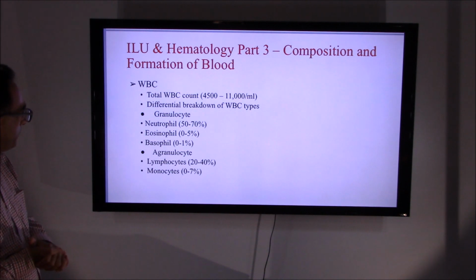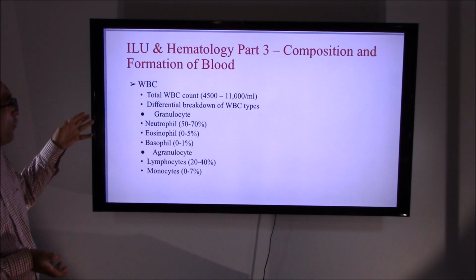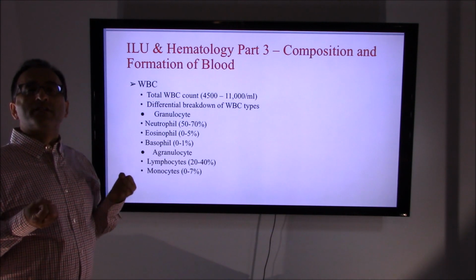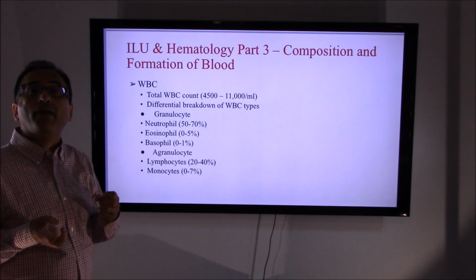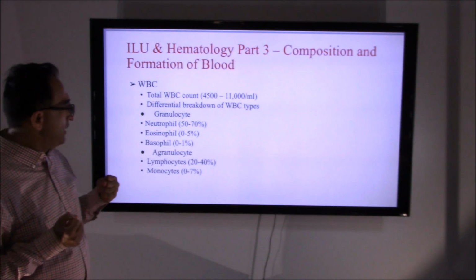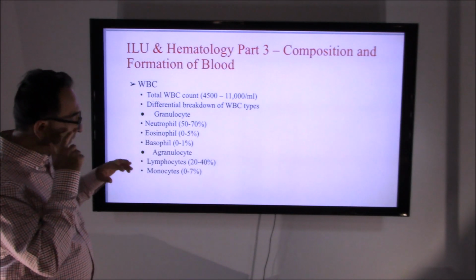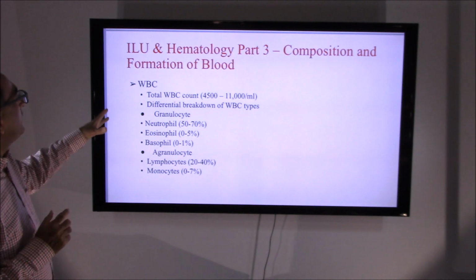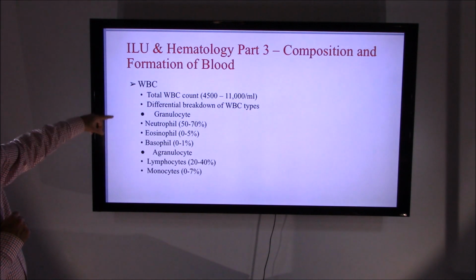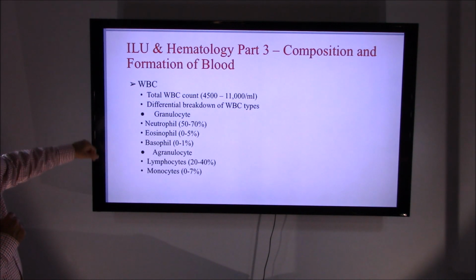Moving forward, white blood cells. White blood cells are our built-in immune system, our defense mechanism. They are like the soldiers. If there is any external attack on our body, they come to defend. Familiarize yourself with the normal range and the different types.